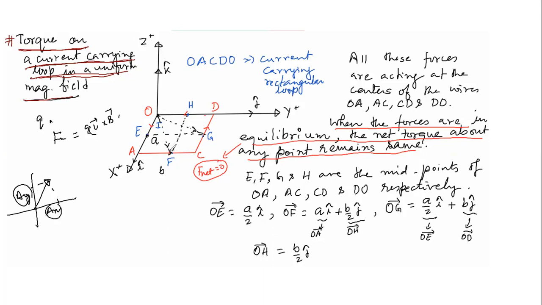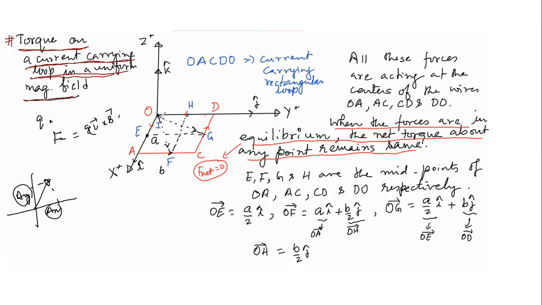OF is your vector. From point F we draw a perpendicular on the x-axis and on the y-axis. Then see, OA is the x-intercept, so it will represent the x component.